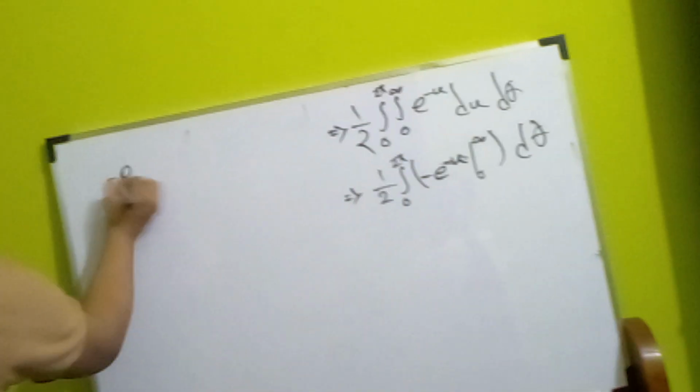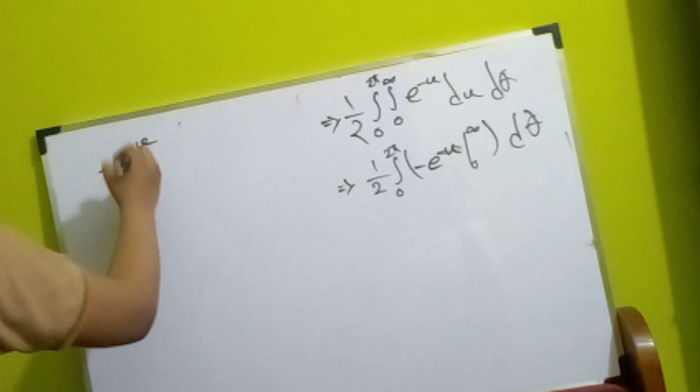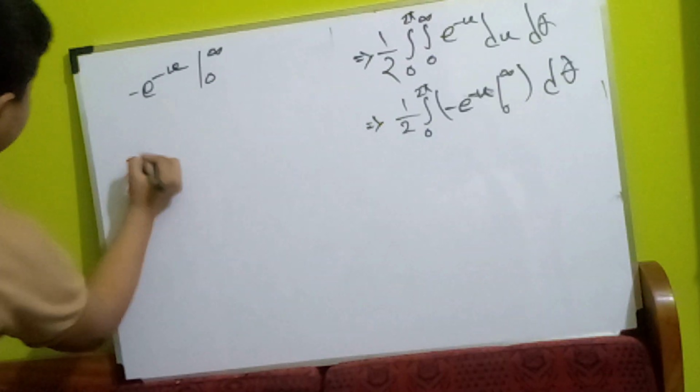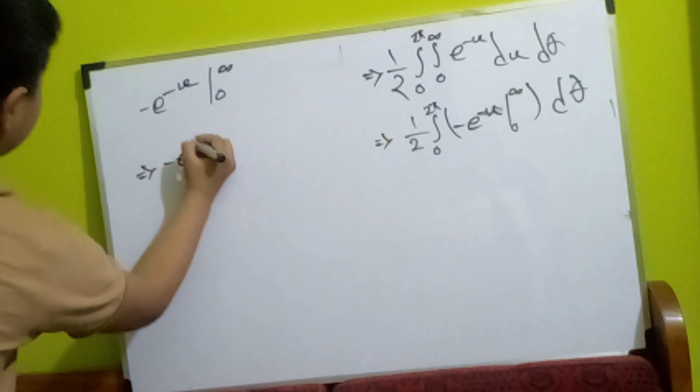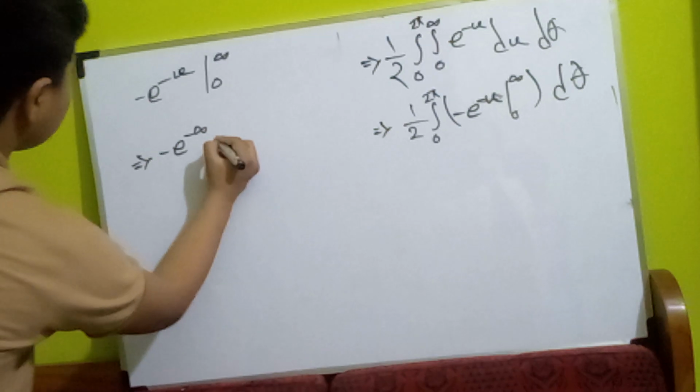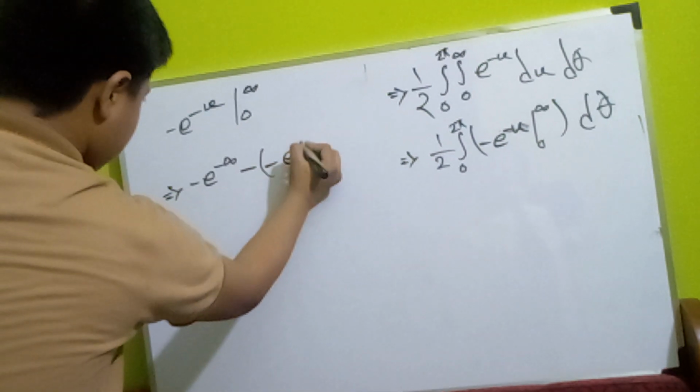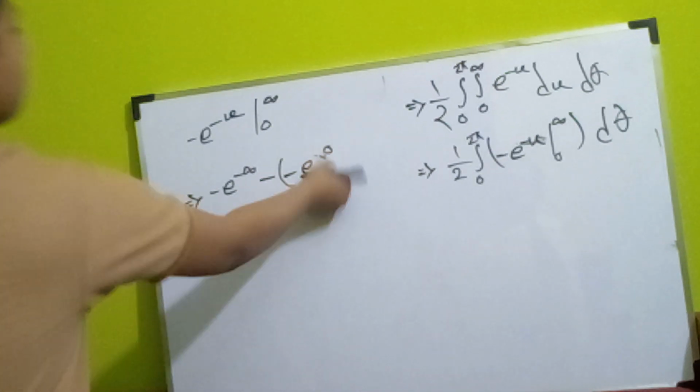Negative e to the negative u from 0 to infinity is given as negative e to the negative infinity minus negative e to the negative 0.